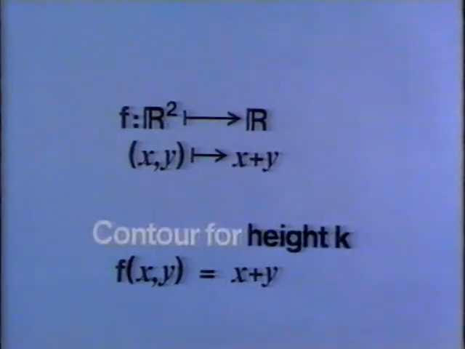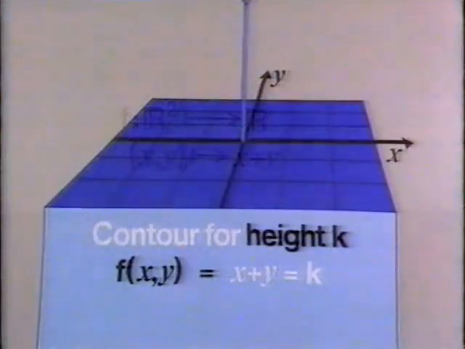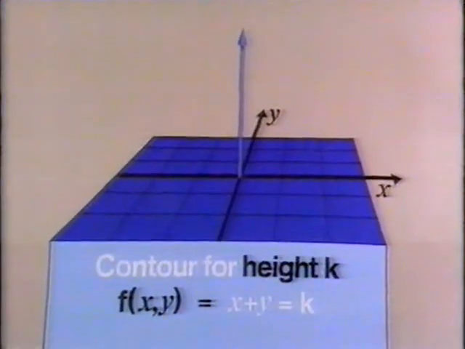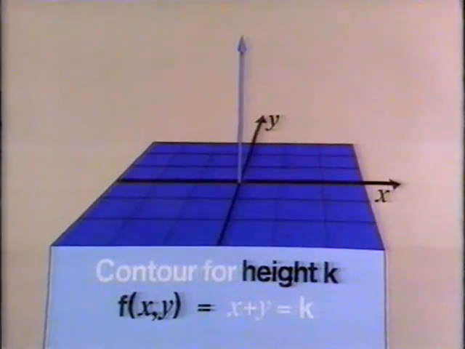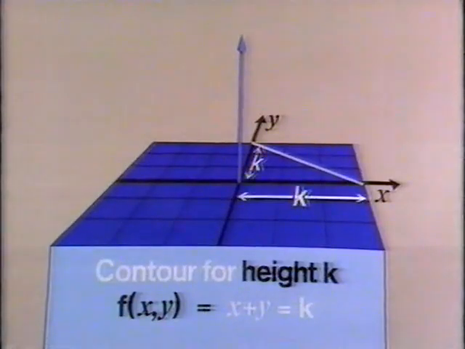Let's look at some more examples. For instance, the function xy maps to x plus y. The contour for a given height k is given by the equation x plus y equals k. So this time, each contour is in fact a straight line at 45 degrees to the axes.